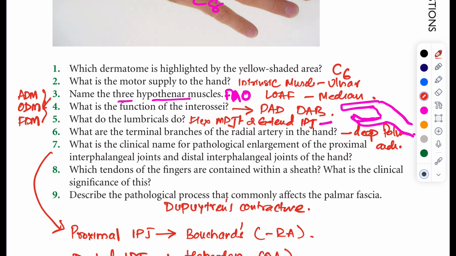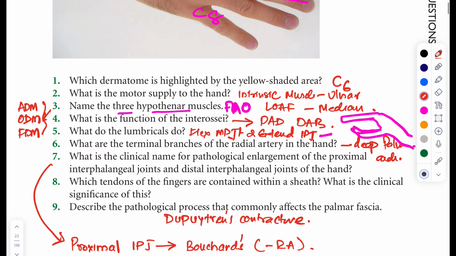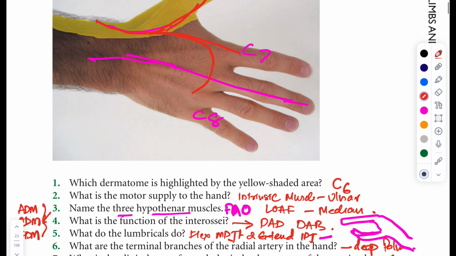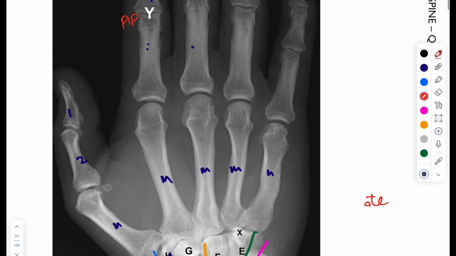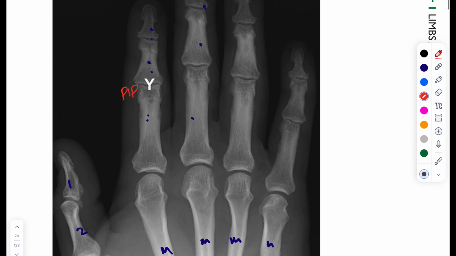What is the clinical name for pathological enlargement of the proximal interphalangeal joint and distal interphalangeal joint? So, enlargement of this joint and this joint.